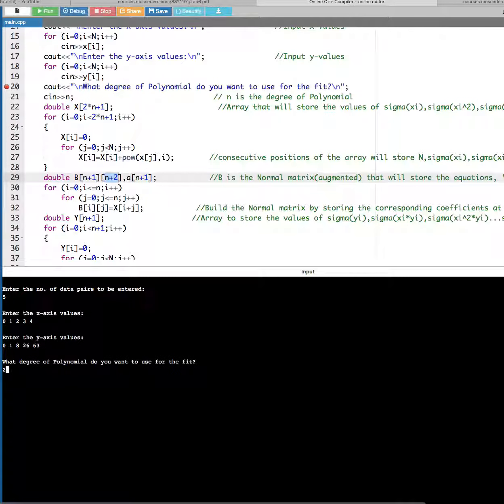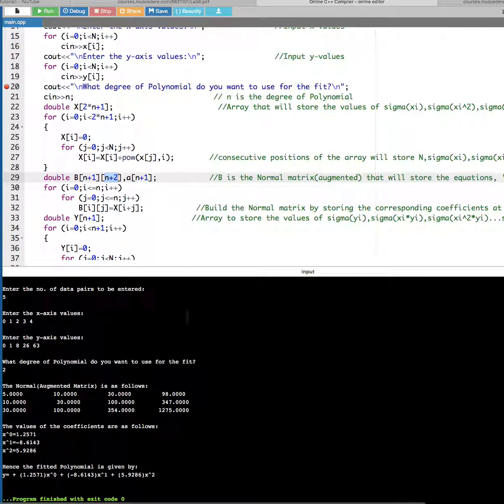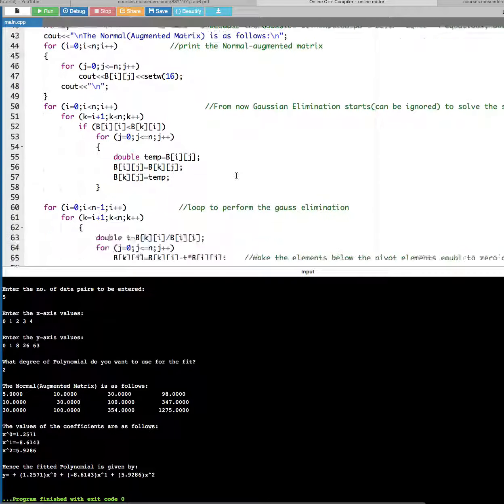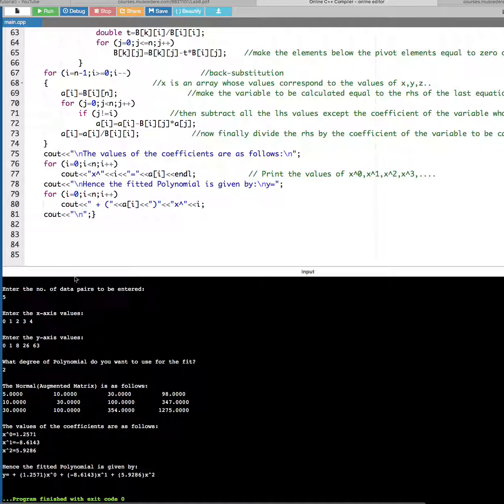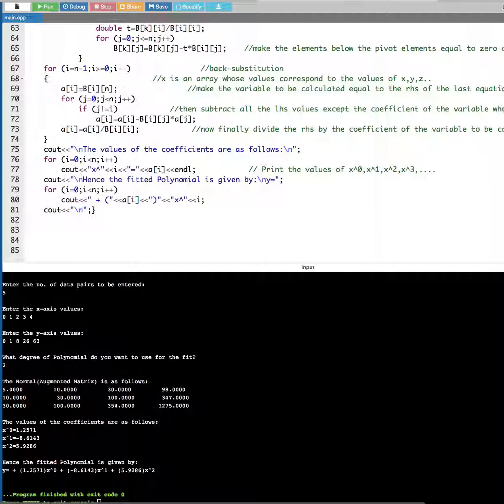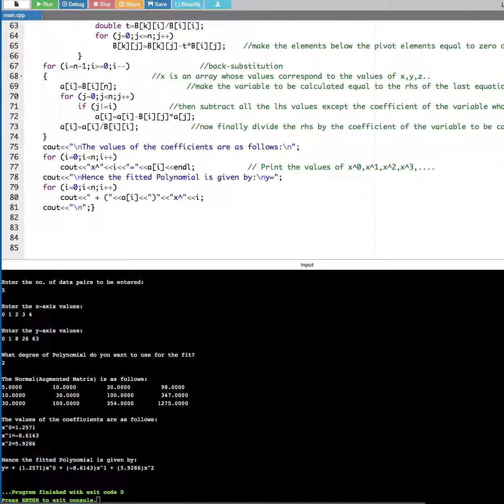Let's put 2. Okay, it's working for the second degree, but there's something wrong with the third degree. I have to figure it out. Now you can try with your software and see whether it works. Sometimes these online things don't work very well.